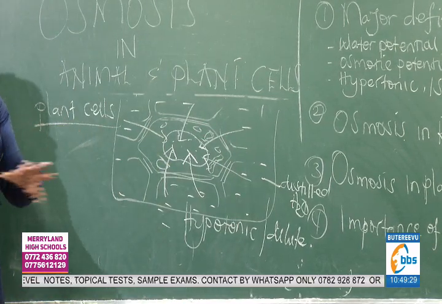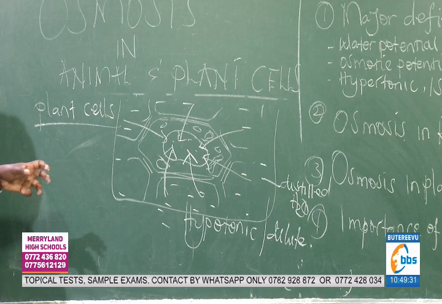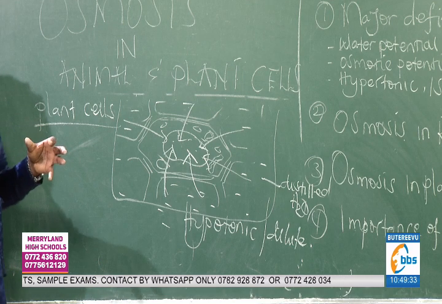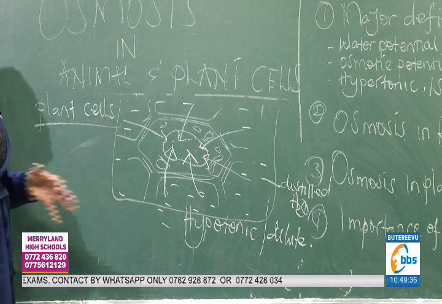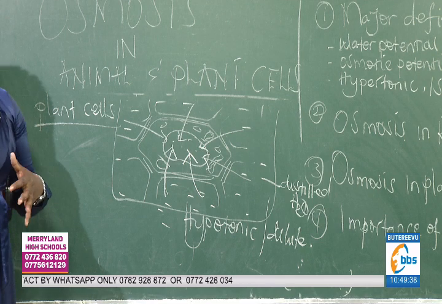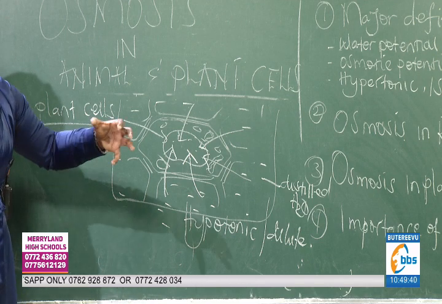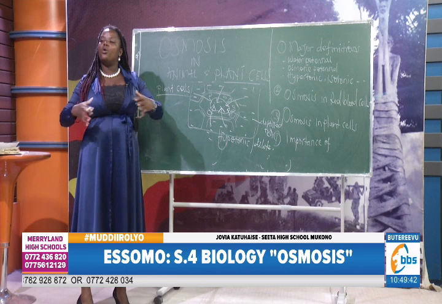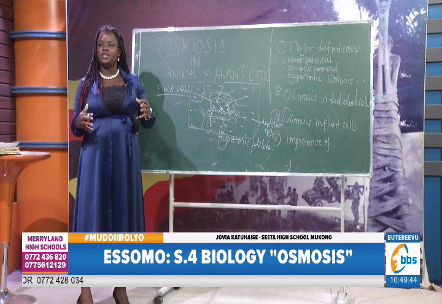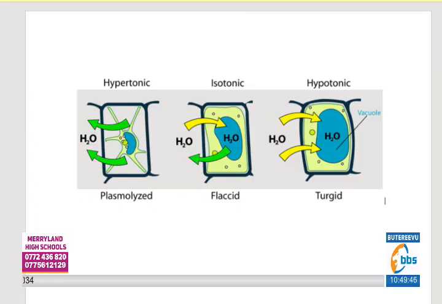As the water keeps on entering the plant cell by osmosis, the vacuole, together with the cytoplasm of the cell forming the protoplasm, will keep on expanding due to more water entering it. If you look at that illustration, the size of the vacuole in the first one, hypertonic, is very small, isotonic is medium, hypotonic is very big.